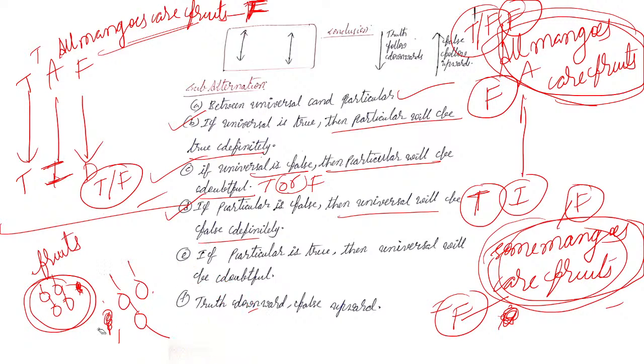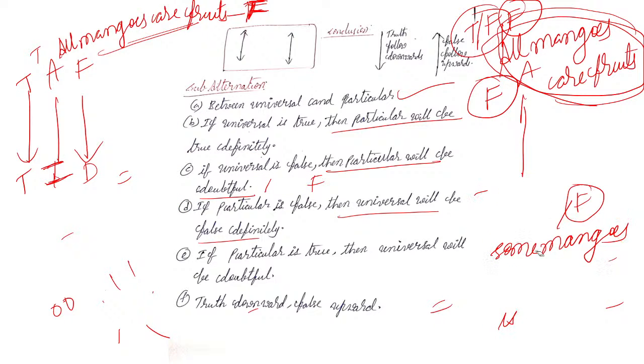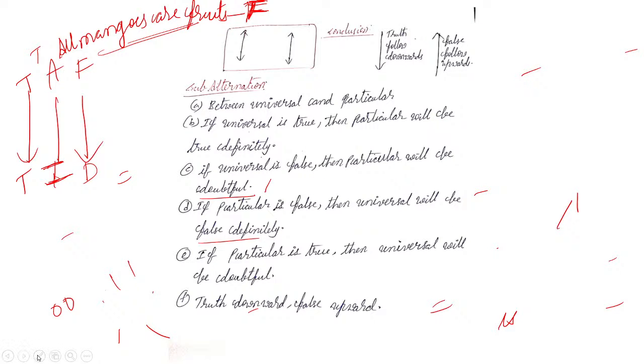the conclusion in subaltern type statements, we have to remember: if universal is true then particular must be true, so truth follows downwards. If universal A type is true then the particular is true.